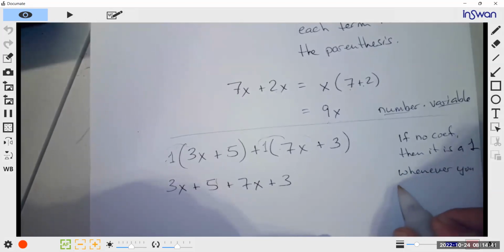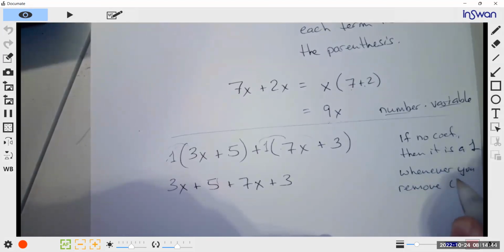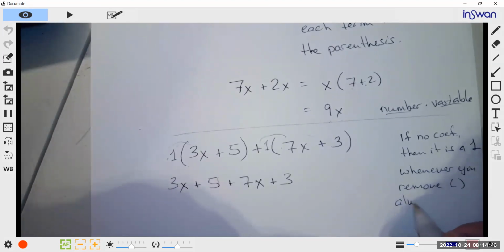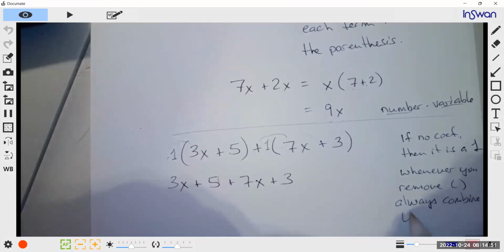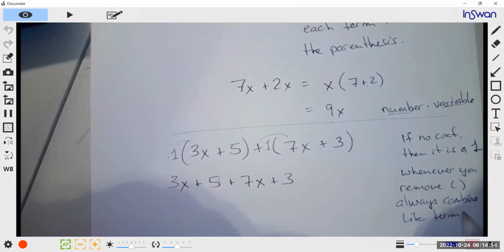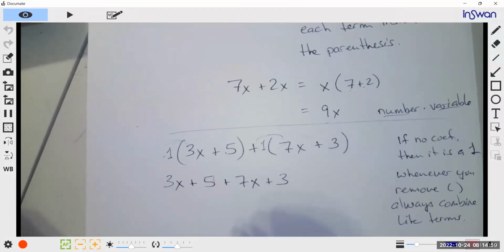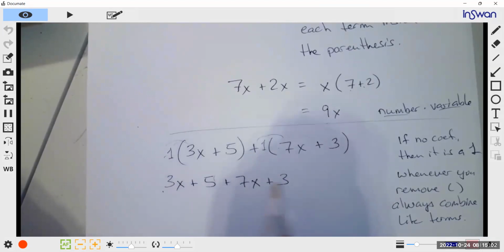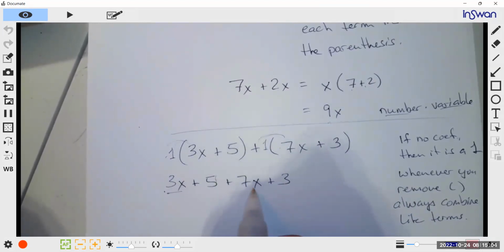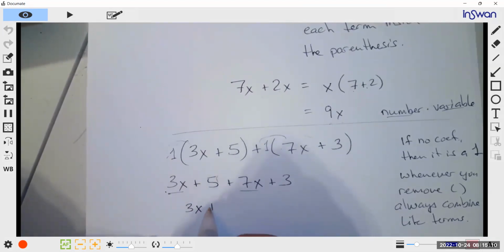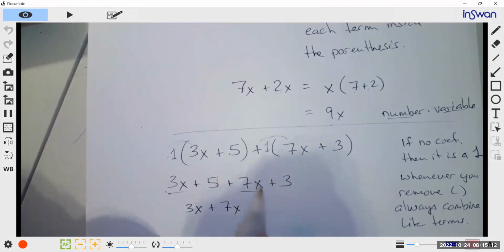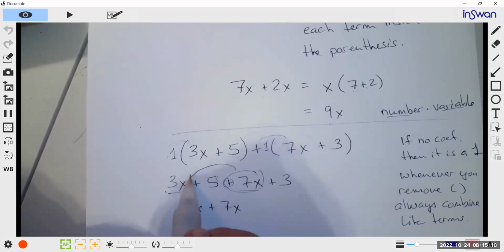Whenever you remove parentheses, always combine like terms next. So once we get rid of the parentheses, we combine like terms. Because of the commutative property, we can move them around. So I move this one with the sign in front of it behind the 3x.